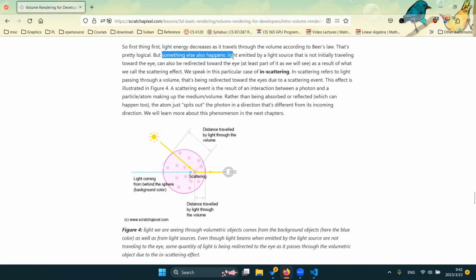Something else also happens. Light emitted by a light source that does not initially travel toward the eye can also be redirected towards the eye.